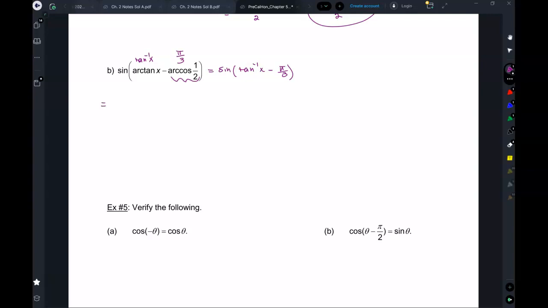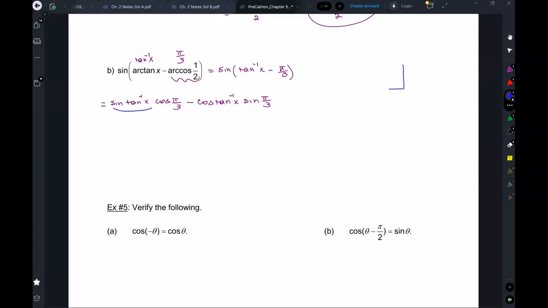Okay, now, this is going to be sine, cosine, plus or minus, minus, cosine, sine. Okay, so here I have inverse tangent of x.